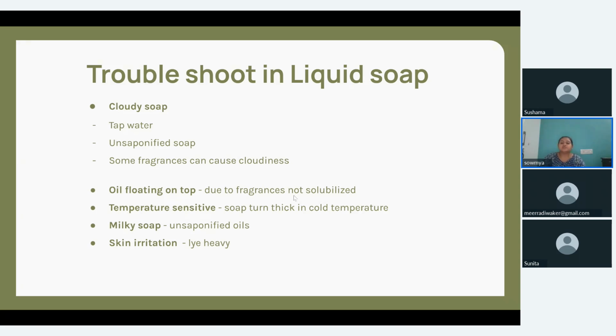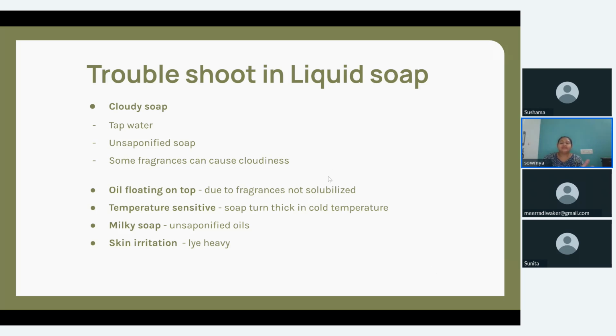So you always need to use a solubilizer when you're using the fragrances, be it essential oil or fragrances, both of them. Then they are temperature sensitive. That is, once you make your liquid soaps, in India, you don't have to bother about it, especially in the south. The temperature is very, very warm here throughout the year.